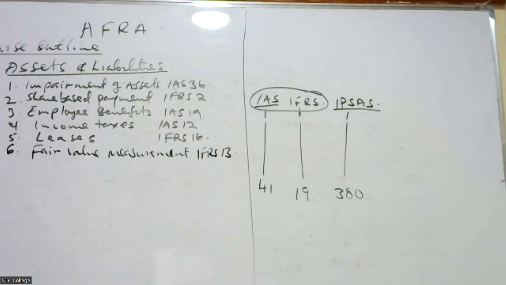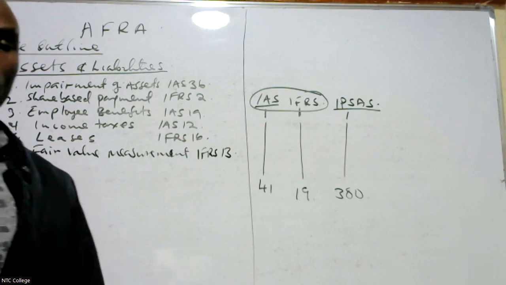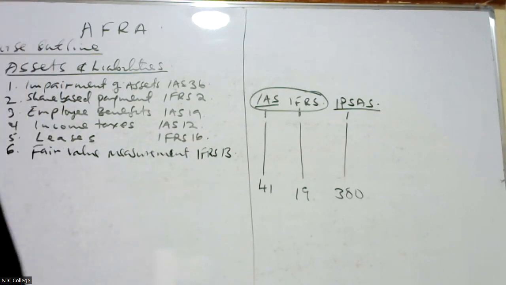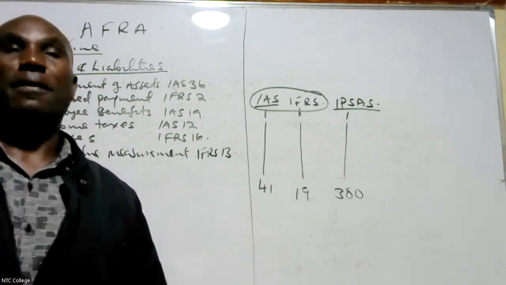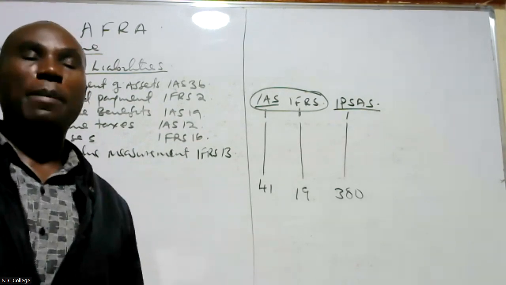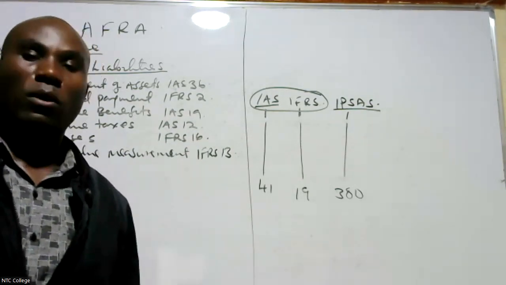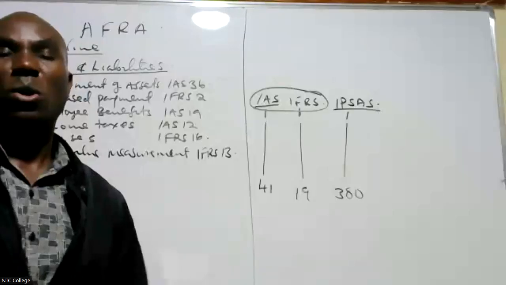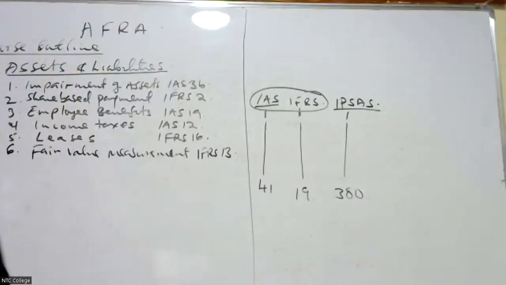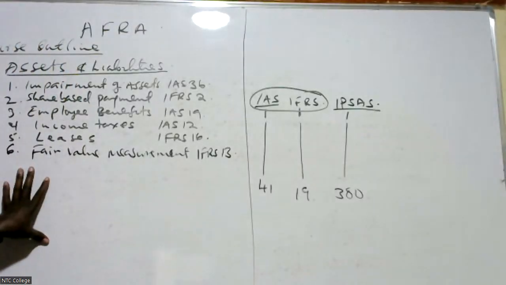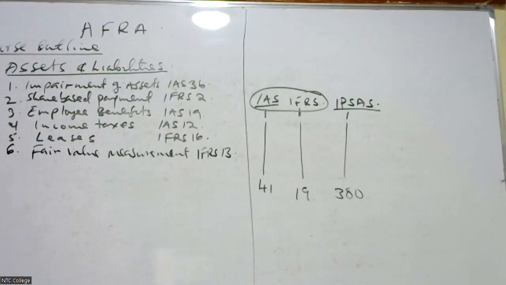When you talk of fair value measurement, that is when, for example, you want to sell your building. How do you determine the price that you are going to sell that motor vehicle or that building or that asset? We get it under fair value measurement, IFRS 13, how to determine the fair value of assets and liabilities.